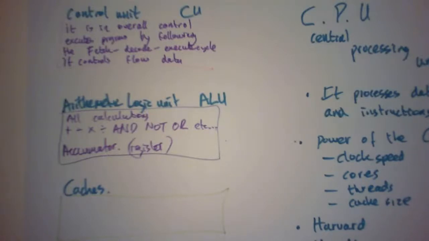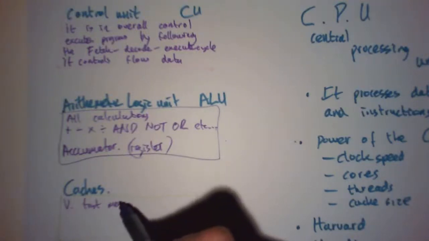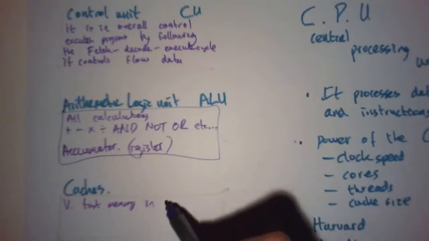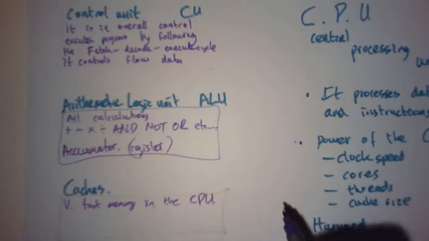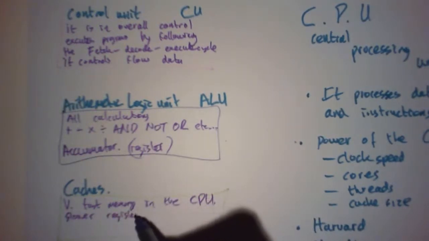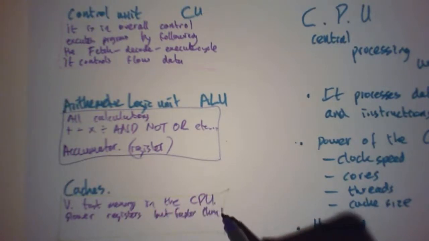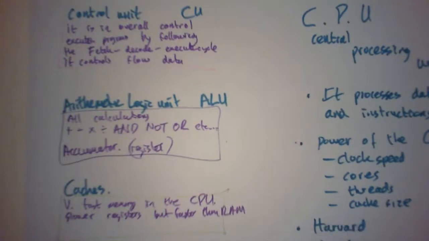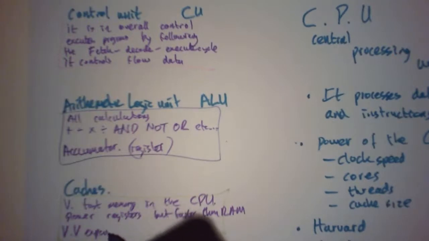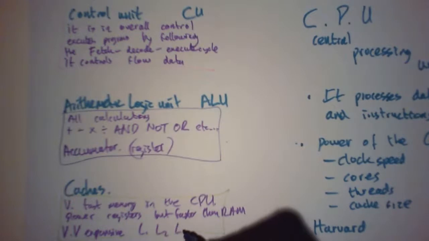Cache is very fast memory in the CPU. Slower than registers, which we talk about, but faster than RAM, which we will talk about again in another group. They're very, very expensive. There are 3 types, L1, L2, and L3.